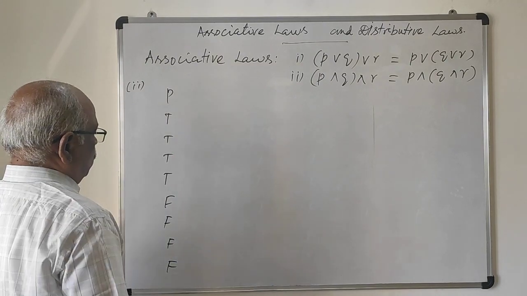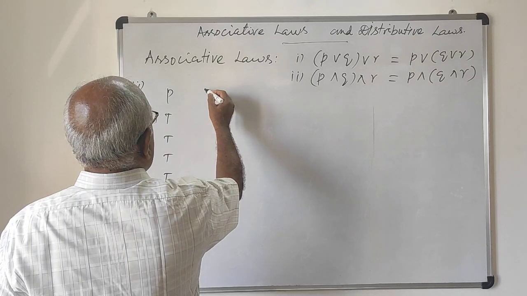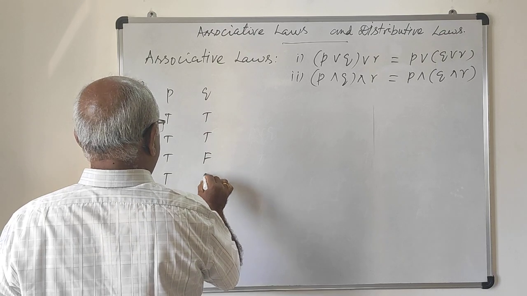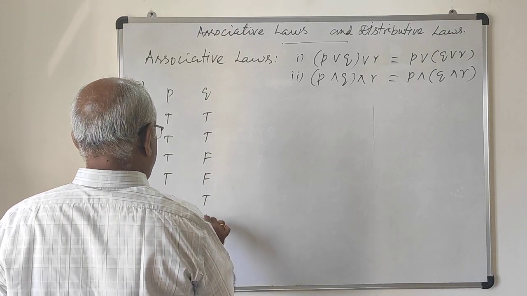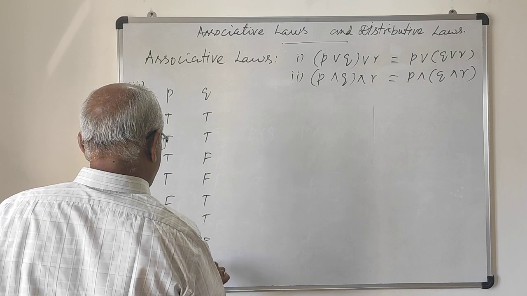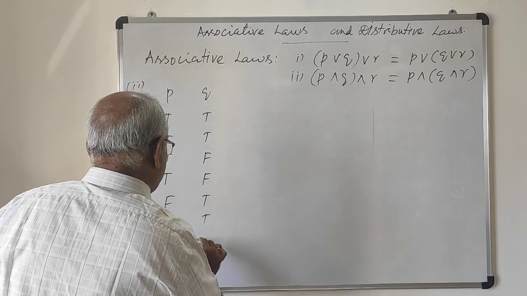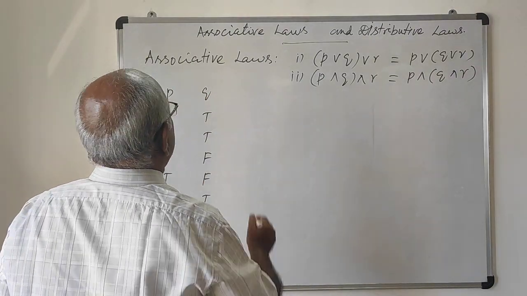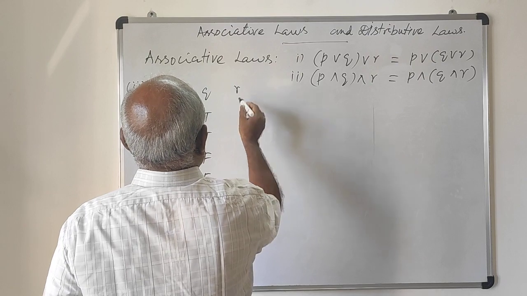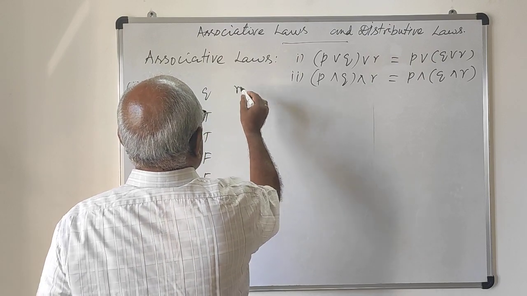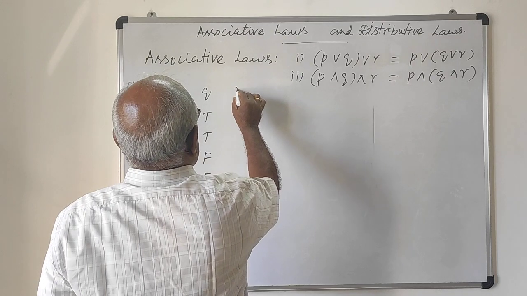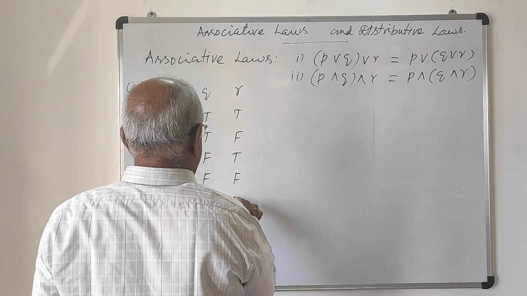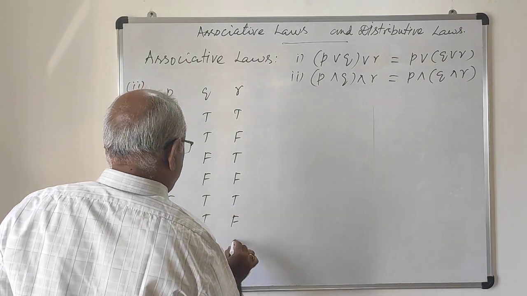Then Q: T, T, F, F, T, T, F, F. So 2 T's and 2 F's are alternatively expressed in the Q column. And the R column is just T and F alternatively: T, F, T, F, T, F, T, F.